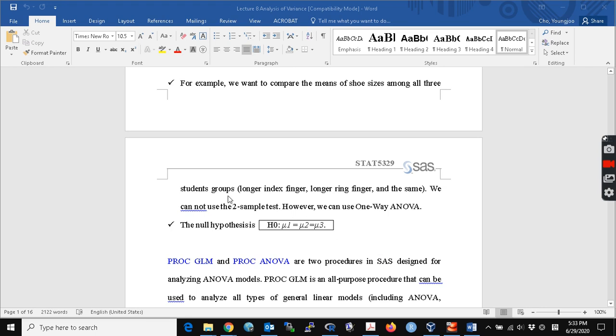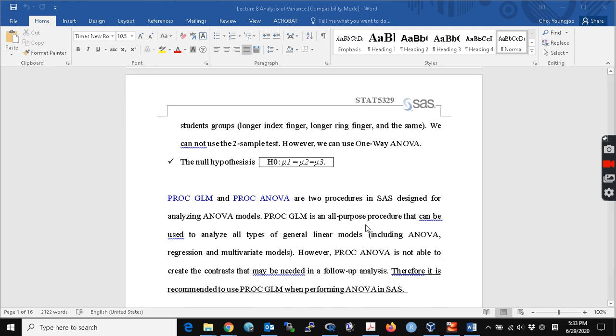In this example, we use three different groups: long index finger, long ring finger, and the same. The null hypothesis is that mu1 equals mu2 equals mu3, and the alternative hypothesis is that they are not all equal.